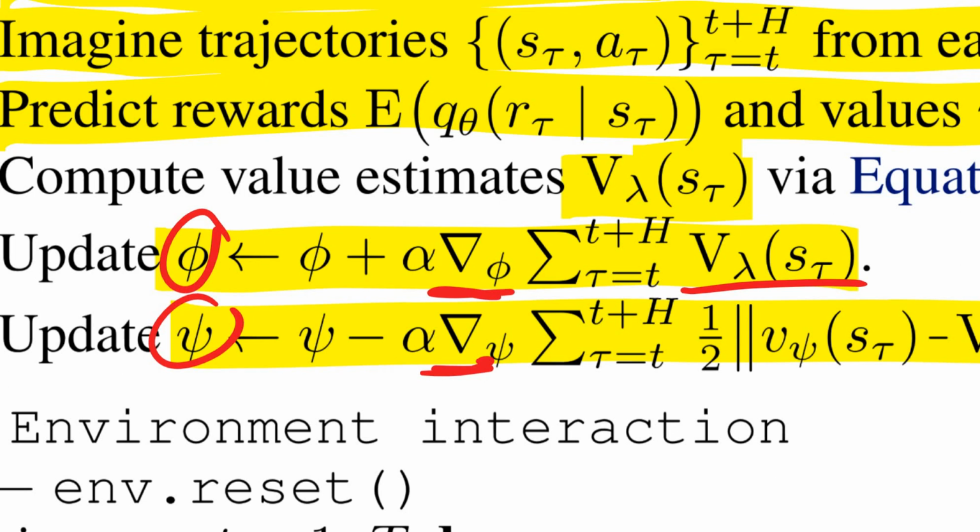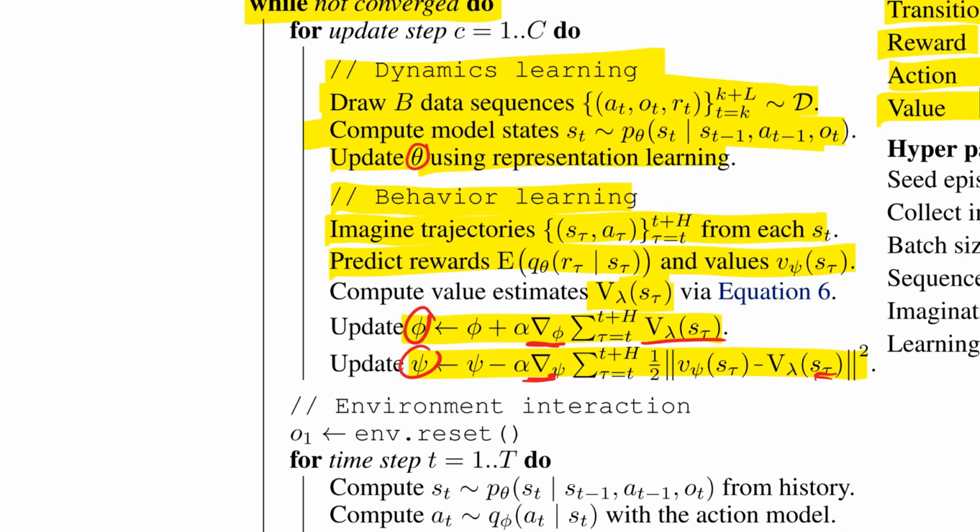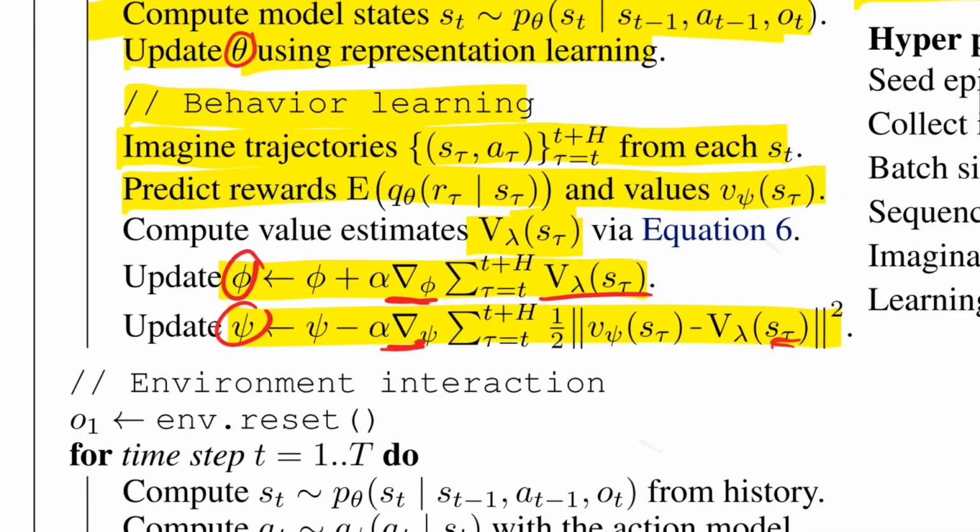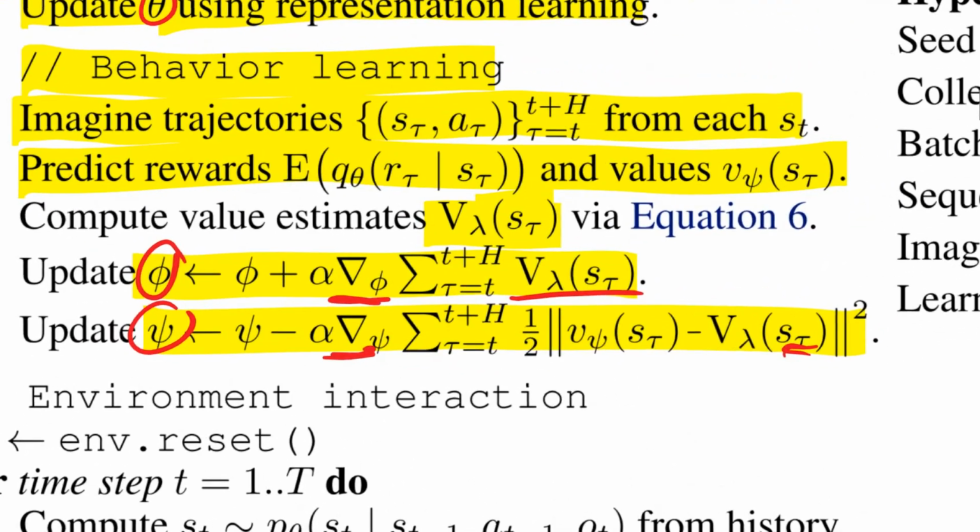So we train the policy to maximize the value, which is all the future rewards that we get. Of course, we can do this because we can now backpropagate through all of these time steps, because we have this transition model. We can backpropagate through all of this, which is pretty cool.